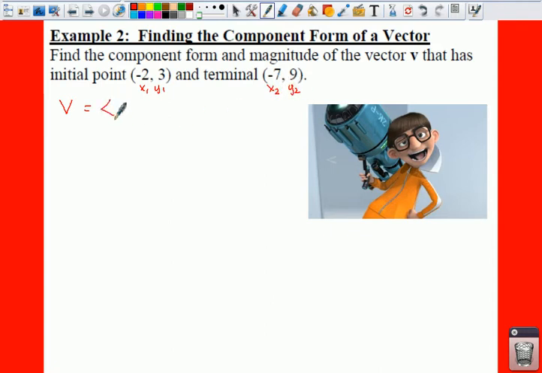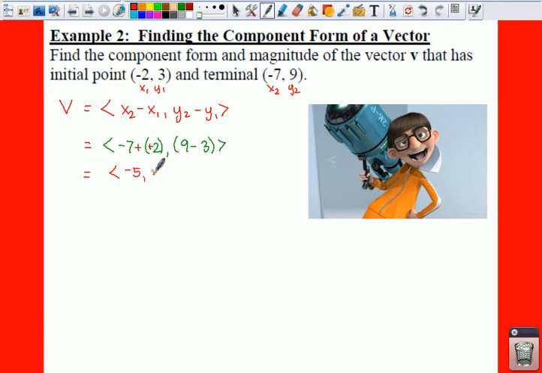To find your component form, you're going to take your x2 minus your x1, comma, y2 minus the y1. So let's plug in our values. We're going to say x2, which is -7, minus a -2, comma, your y2 minus your y1.